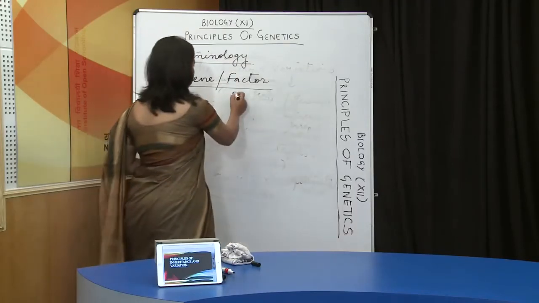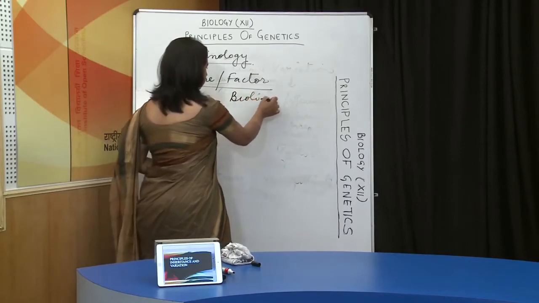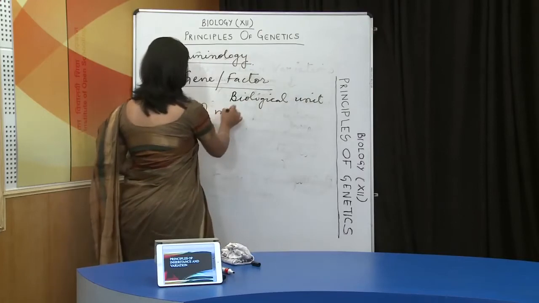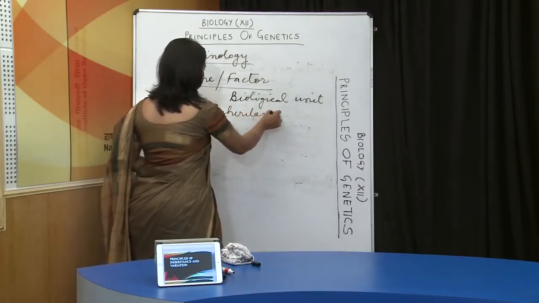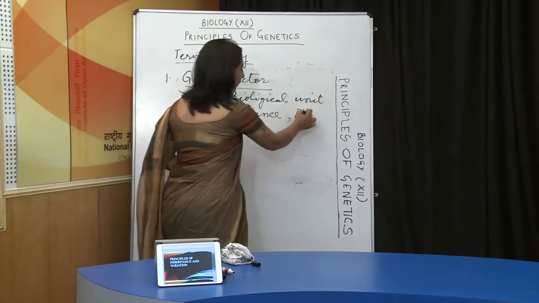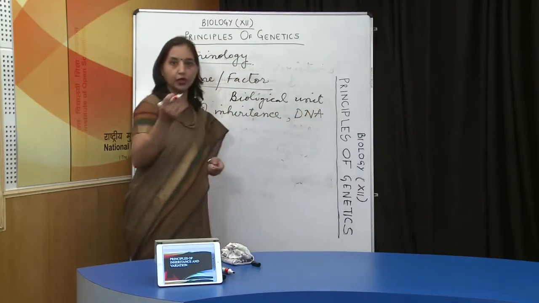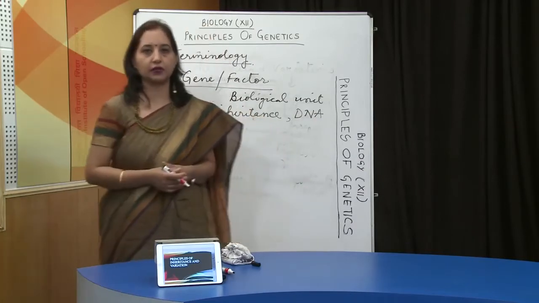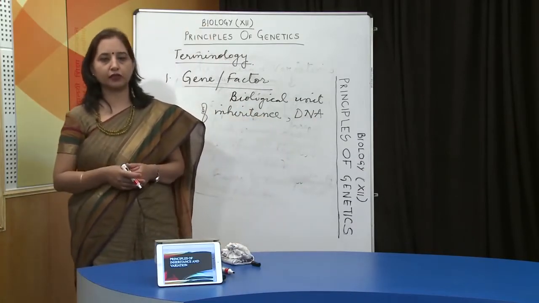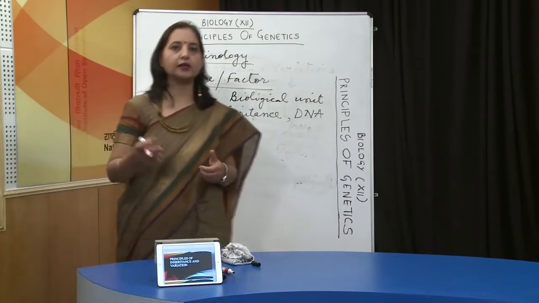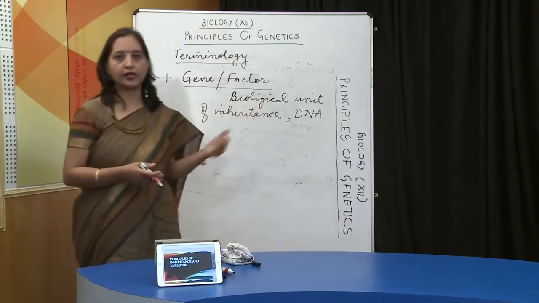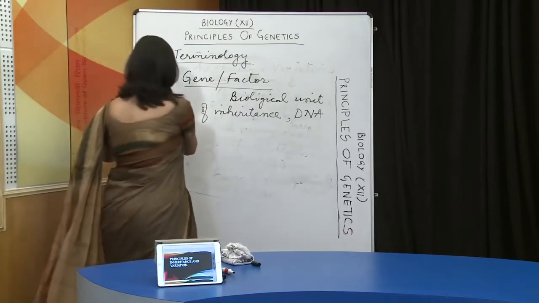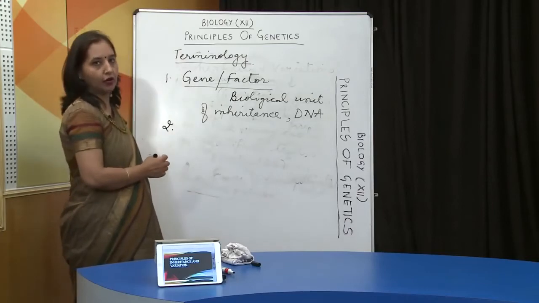Gene is the biological unit of inheritance, and it is made up of DNA. So the unit, the factor, the thing which is transferred from parents to the next generation and which is responsible for the passing of characters from parents to the next generation is known as gene, and at that time Mendel called it factor. Second term is allele or allelomorph.